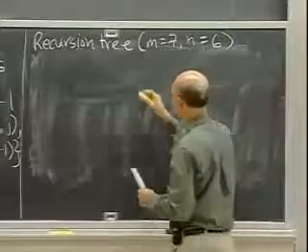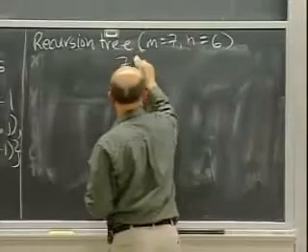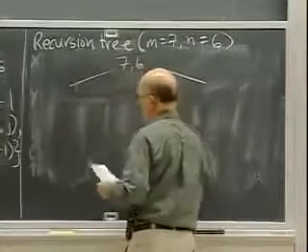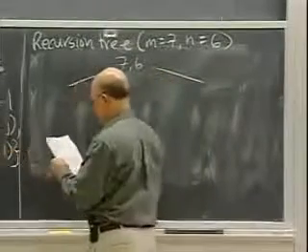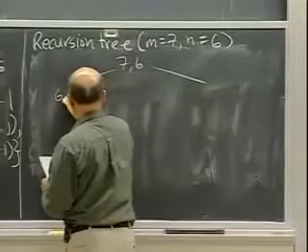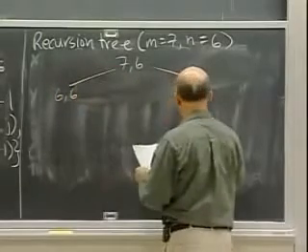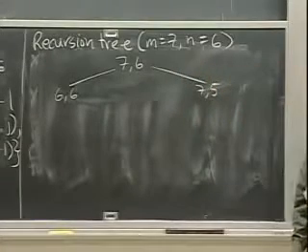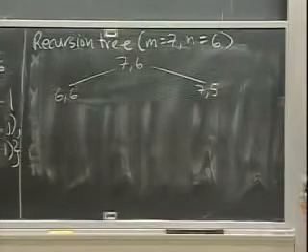So we start out at the top with my two indices being 7 and 6. And then in the worst case, we have to execute these. So this is going to end up being 6, 6, and 7, 5 for indices after the first call.